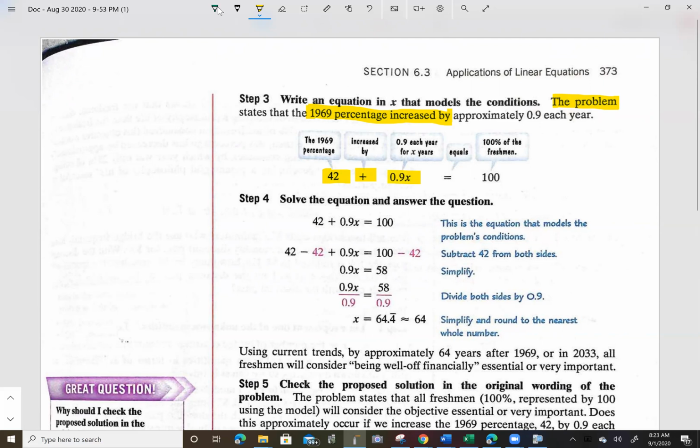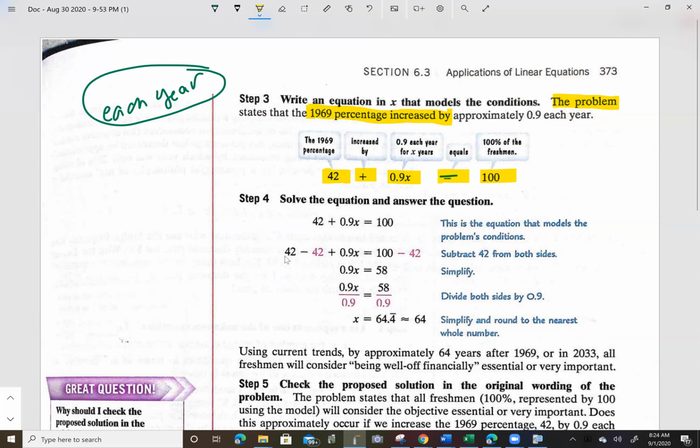So that part, going back to translating it to math, each year, okay, this is a rate. So they multiplied it by x, which was our years since 1969, okay? Equals, and what they're looking for is when will it reach 100%? Like I said, we're going to find an answer, but I think in the real world that answer won't mean anything.